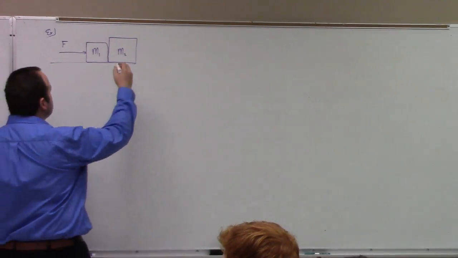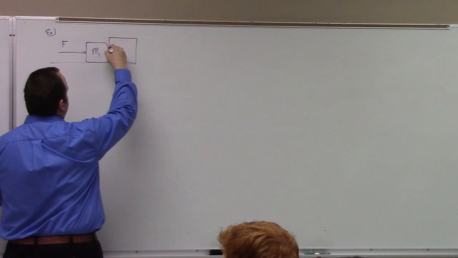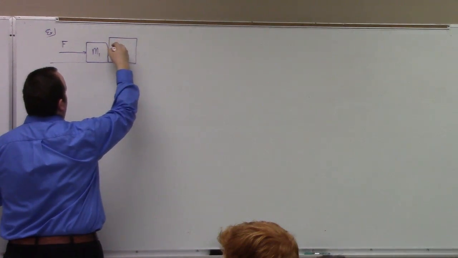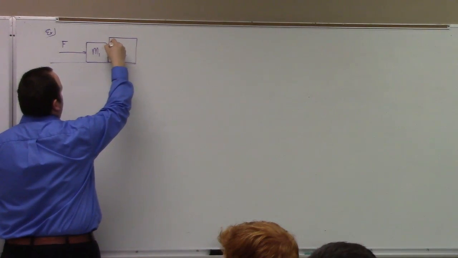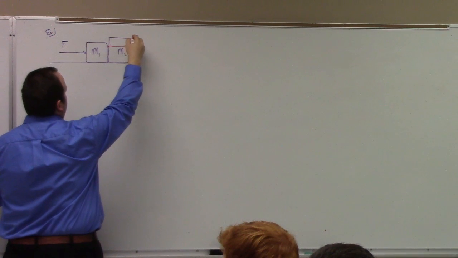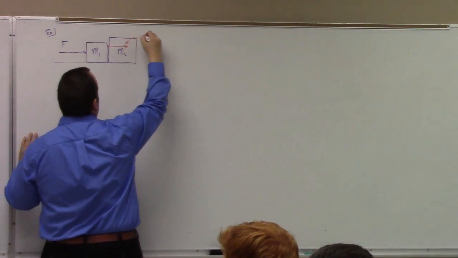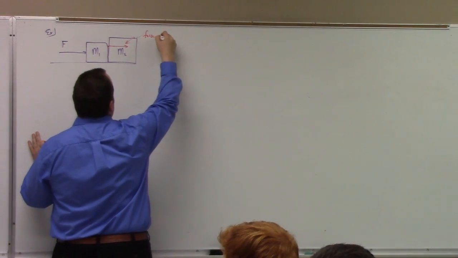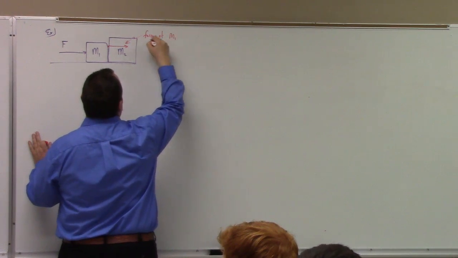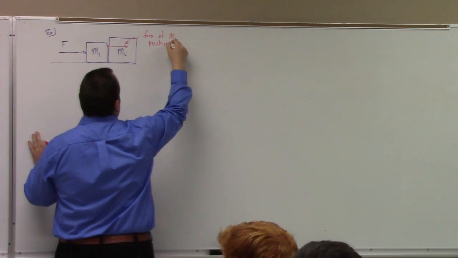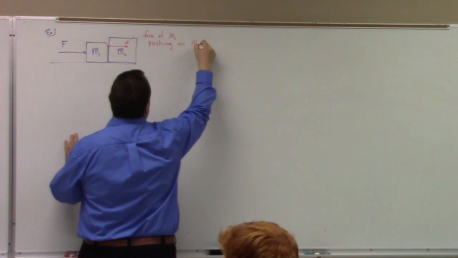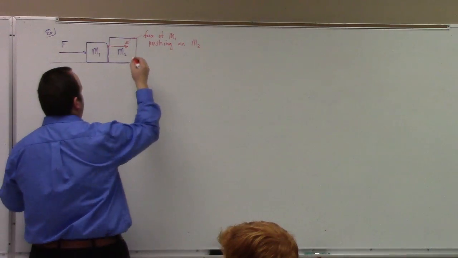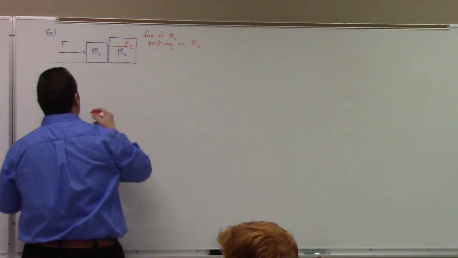but here's the thing. This contact force, we often use a C for. On the one hand, it goes like this, right? This is the contact force of M1 pushing on M2. We can call this C. Well, you know what?